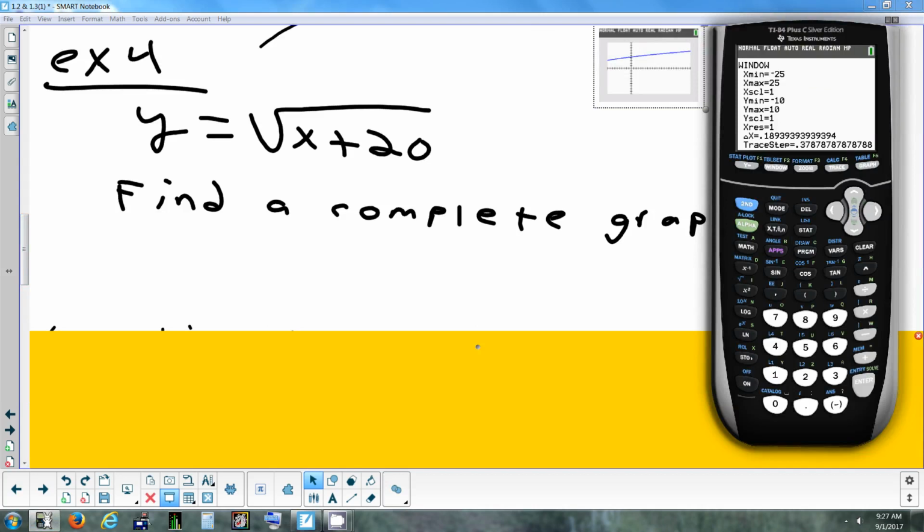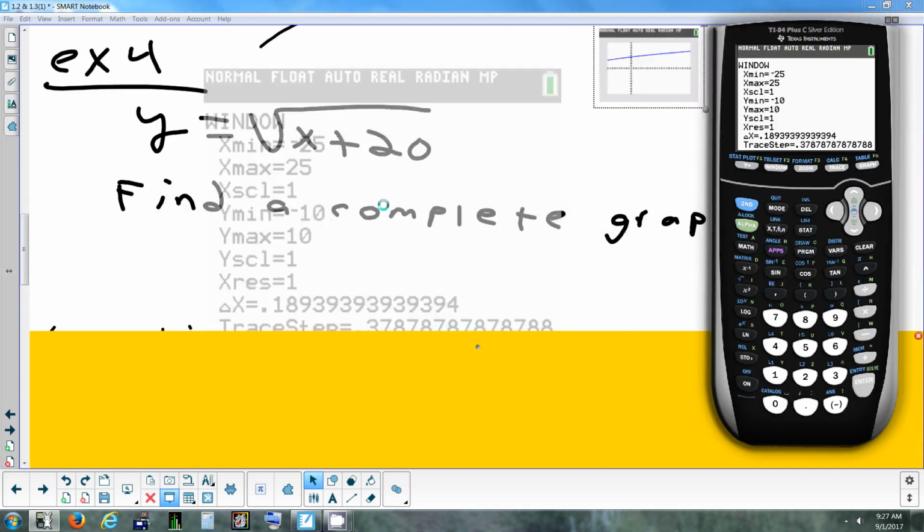Any questions on that one? Okay, and as we study functions, you'll get more familiar with what they should look like, so you have an idea in your head what you're looking for, and if you don't see that on the screen, then you know you need to adjust it. I can copy those over.